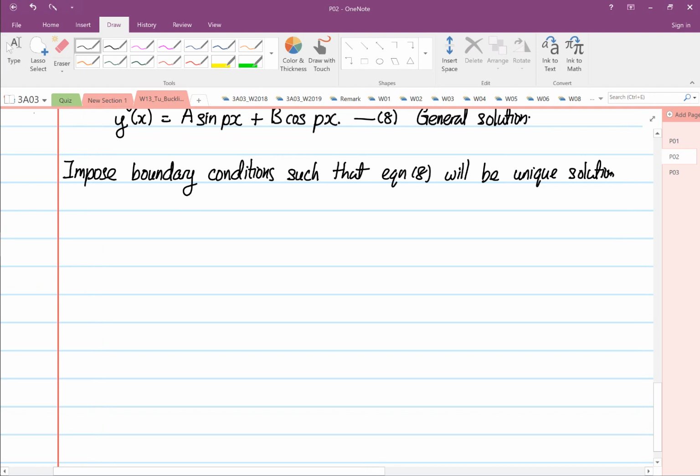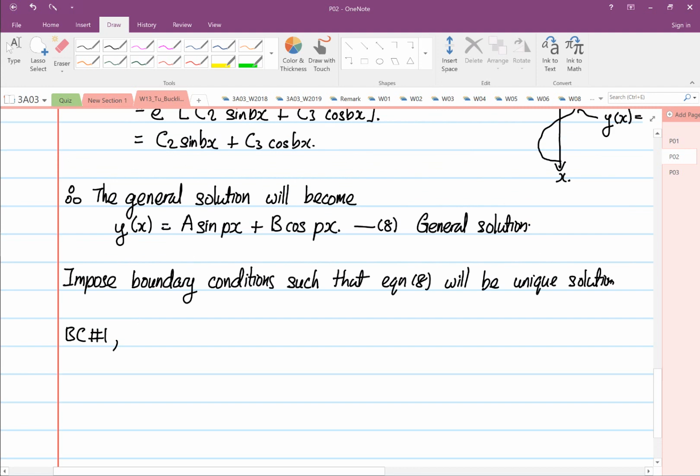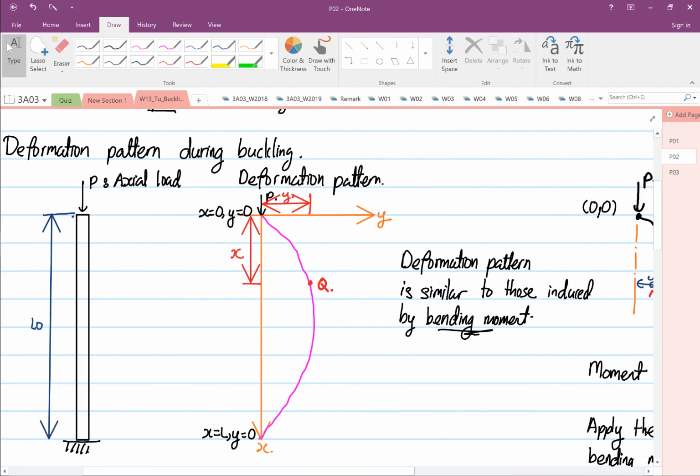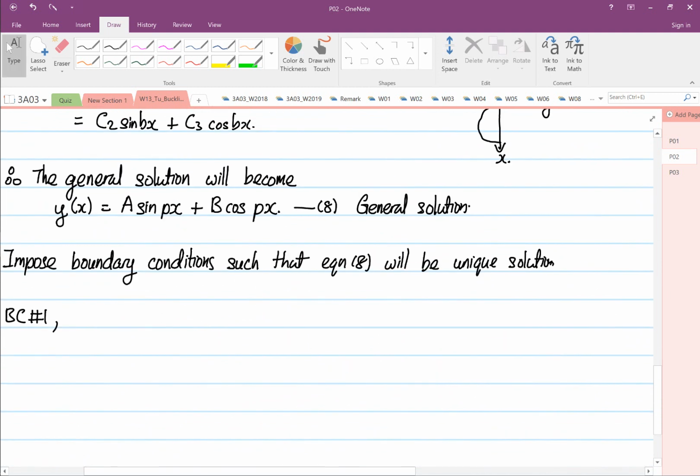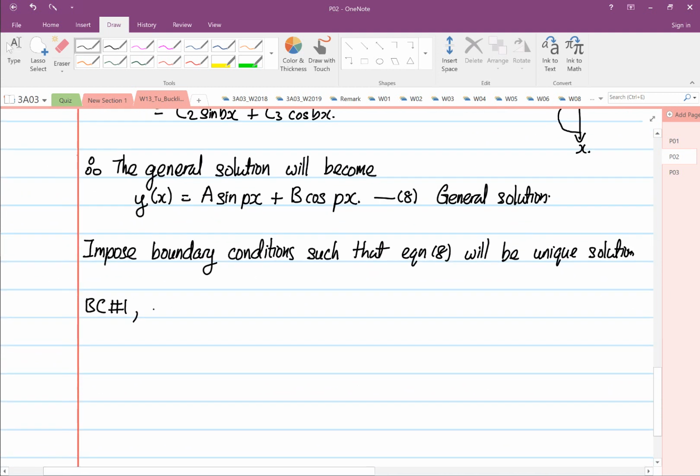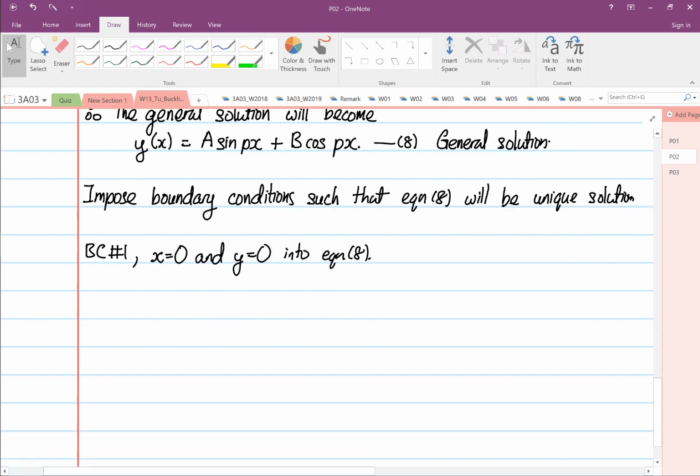We're going to impose a boundary condition. Boundary condition number 1: if we go back here, when x is equal to 0, y is equal to 0, so we substitute x equal to 0 and y equal to 0 into equation 8.